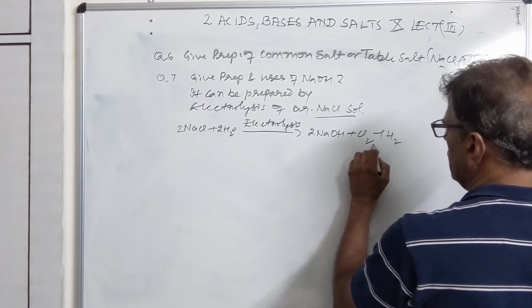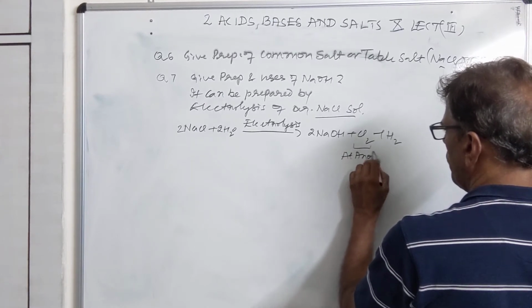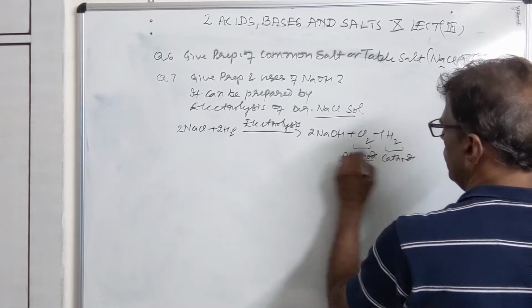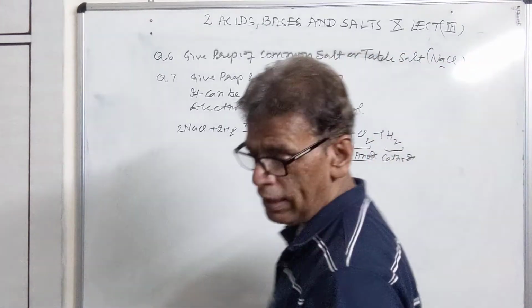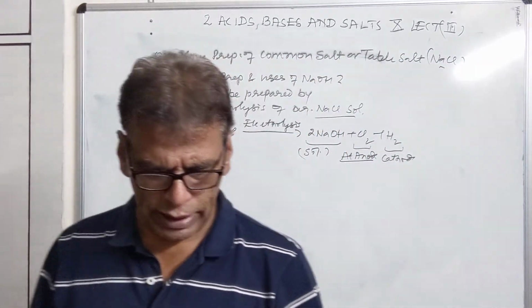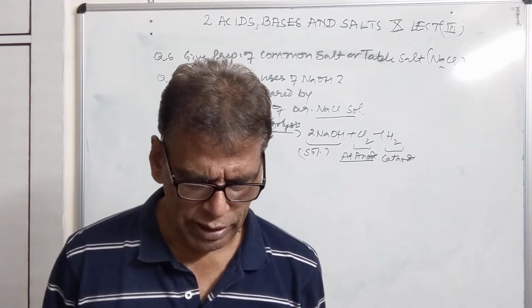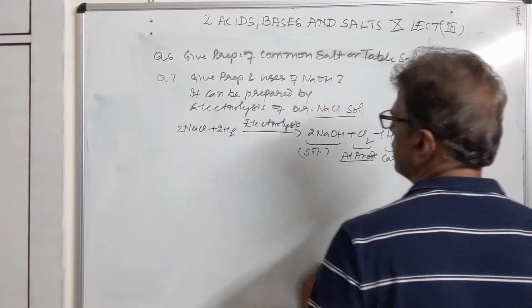In this reaction Cl2 is obtained at anode, H2 is obtained at cathode, sodium hydroxide remains in the solution. So this can be prepared by the electrolysis of aqueous solution of NaCl. This process is also called as chloralkali process.